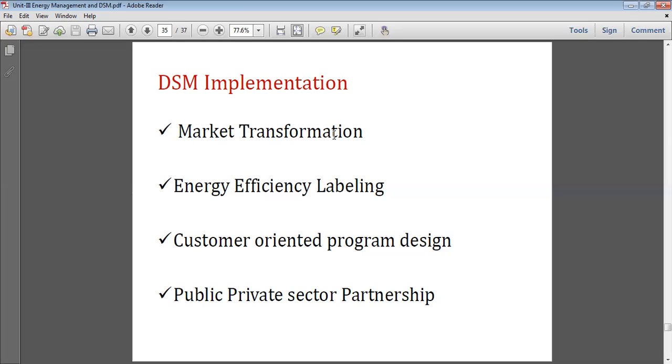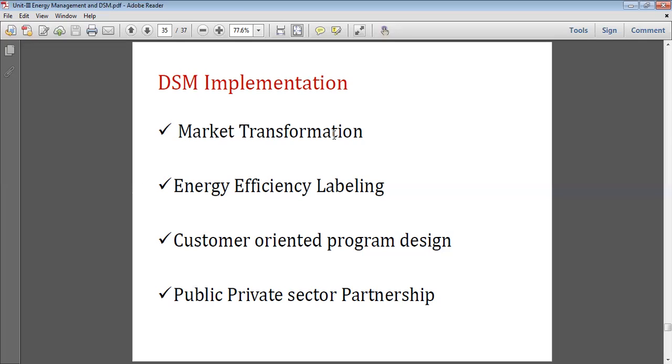The cost of the 5-star rating is higher and the cost of the 3-star and 2-star rating is smaller, whereas the capacity and the brand name are the same. The higher star rating is more costly because the material used is of such a good grade that it consumes less energy. So market transformation is a very important tool to implement the demand side management program.